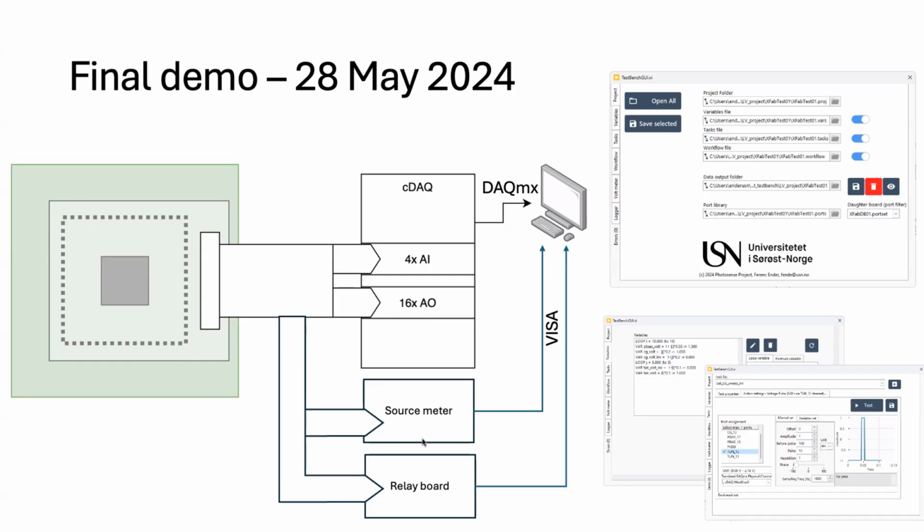It contains a picoamp source meter and a relay board. So all these peripherals together the test system can control simultaneously. And here are some screenshots of the test system, but I will go into details right now.